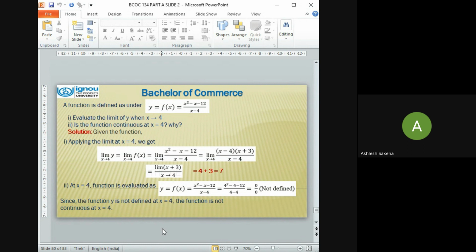As far as this method is concerned, the method is very simple, and we have all done it at your 10 plus 2 level or intermediate level. Yes, sir, I think it would be very good if you share this presentation with us before the lecture starts. So you have to review it with your study material.